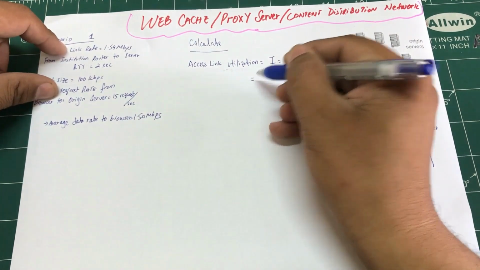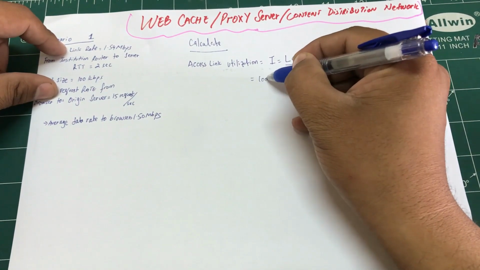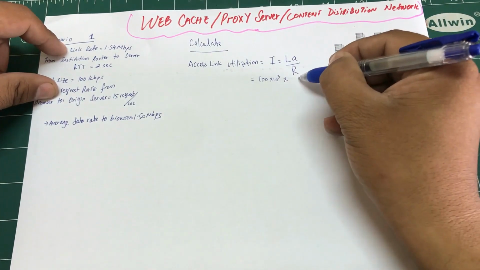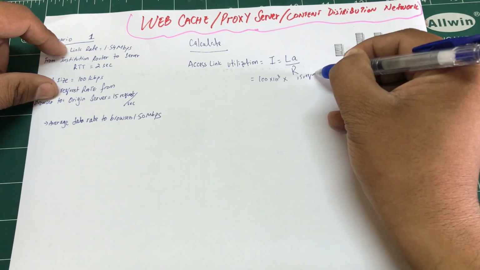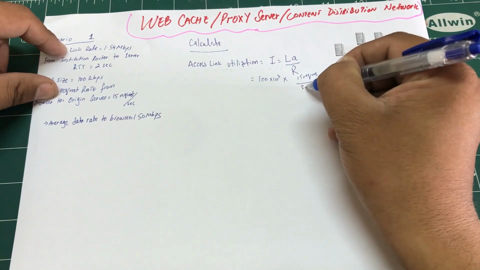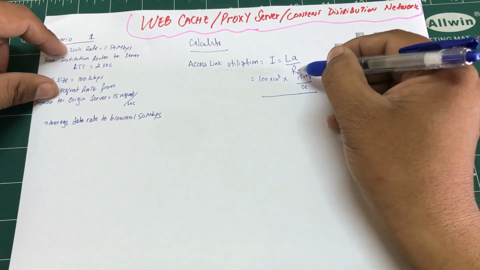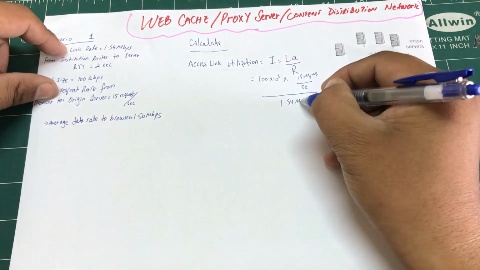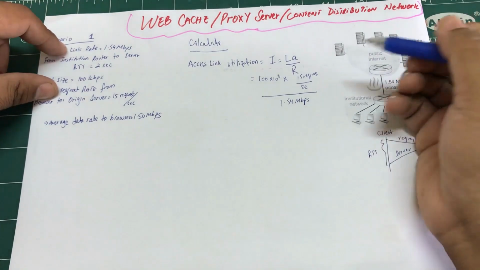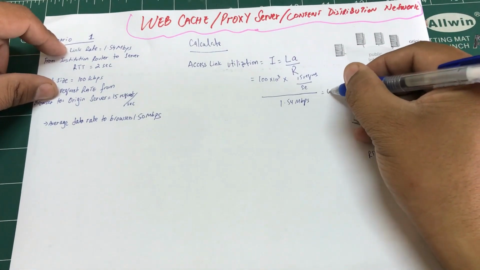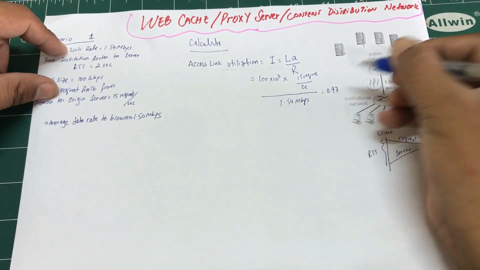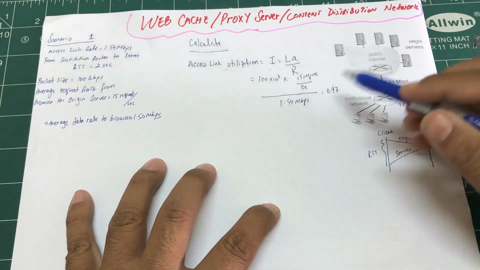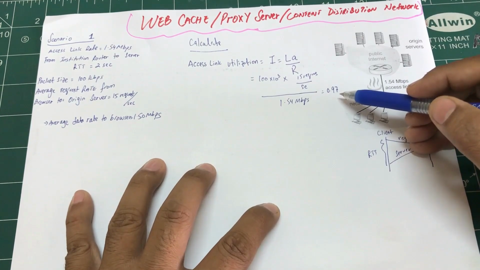Once I plug in the values, this is 100 times 10 to the 3 bits, multiplied by the arrival rate of 15 requests per second, everything divided by 1.54 megabits per second. This utilization turns out to be 0.97, which means my access link is being utilized 97% of the time.